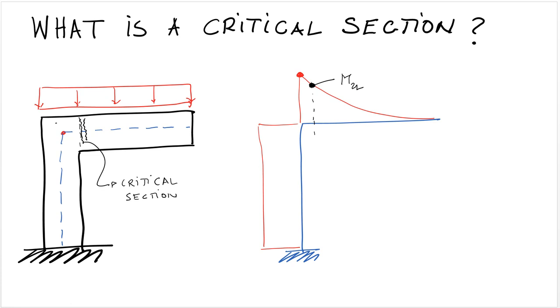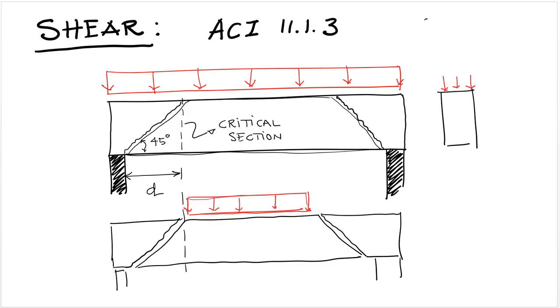So how does this translate to shear? You can find this in ACI 11.1.3. When it comes to beams subjected to loads that are acting on the top face of the member, the critical section for shear is located at a distance d away from the support, right?